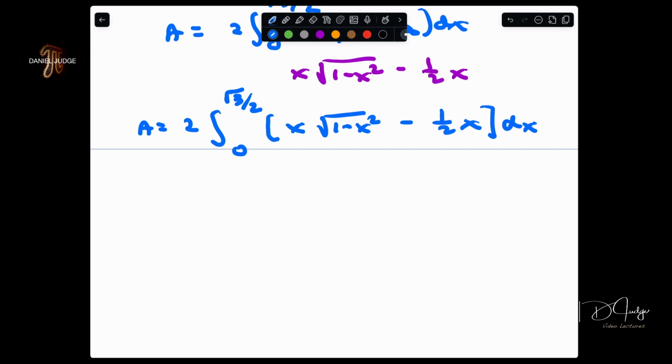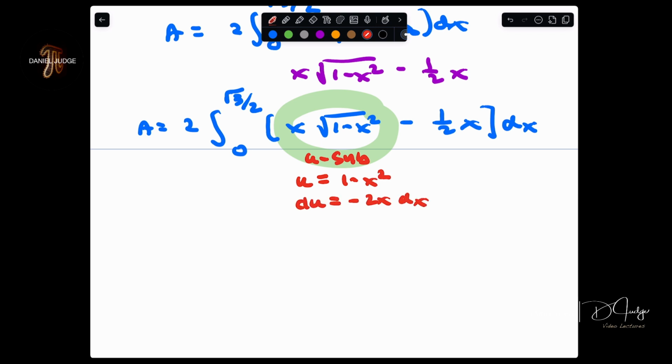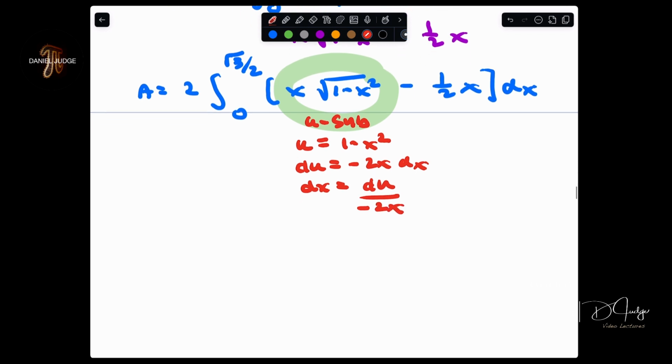So we're going to do it a couple of ways, maybe. Remember this integral right in here now. We're going to use u sub, where u is 1 minus x squared. Du is minus 2x dx, or we'll say dx is du over minus 2x. So if we're going to use u sub here, I guess we're going to have to separate those integrals.